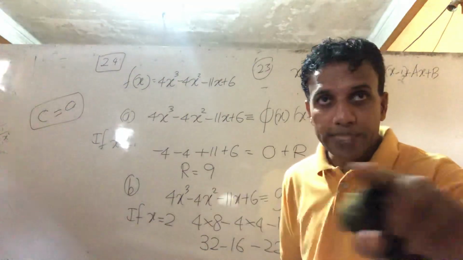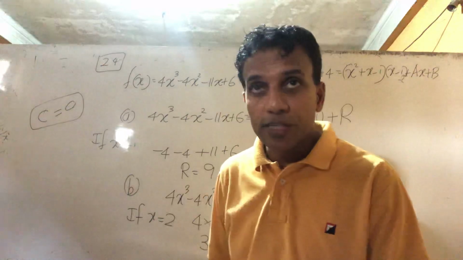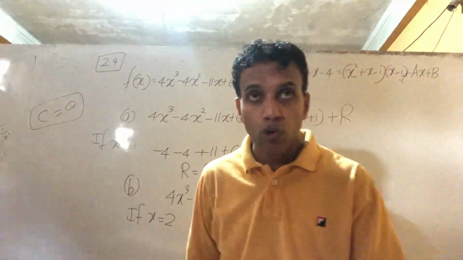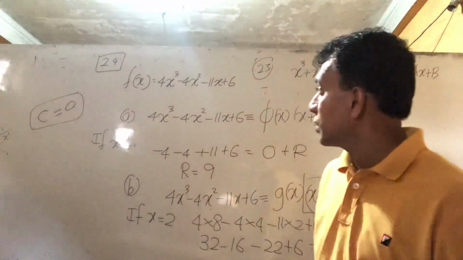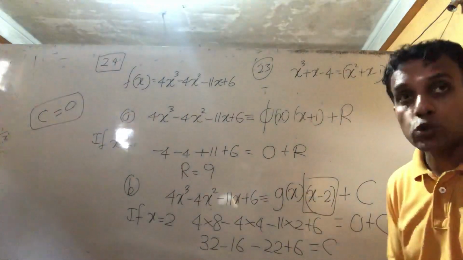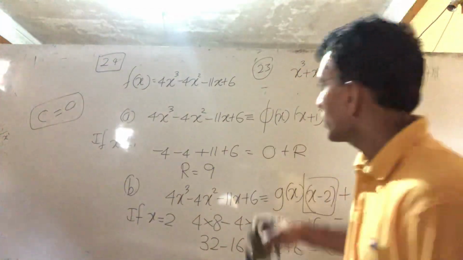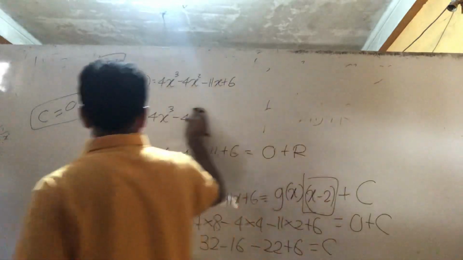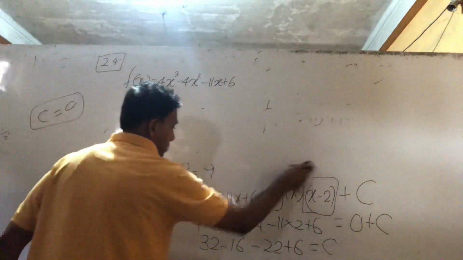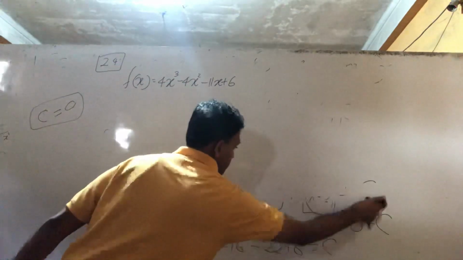Right below that sentence, after showing C equals 0, write a note: therefore, by the remainder theorem, x minus 2 is a factor of f(x).